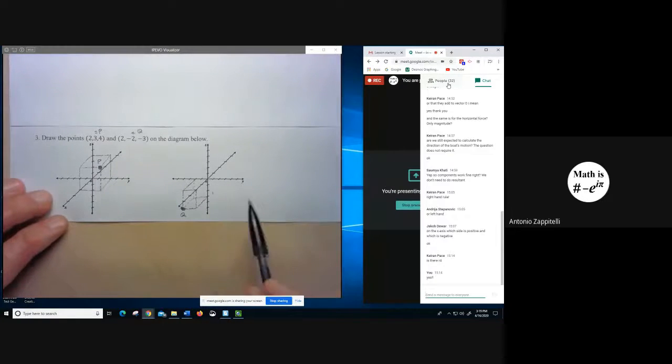Now let's take a look at this one here. Again, same thing. I went 2 in the x direction, -2 in the y direction, and then 3 in the z direction. So I would have measured more or less how long this is. There you go. And then I create my rectangular prism.